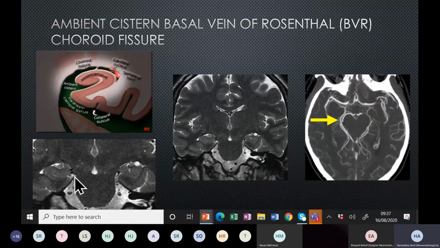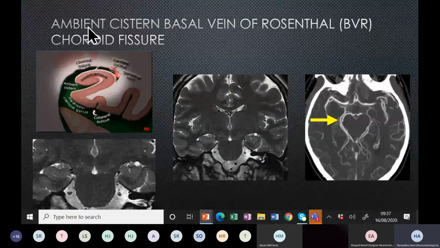But another important structure to highlight, and this is a pictorial representation, is a coronal picture of the left side. This is going to be adjacent to the brainstem, which is this space over here.